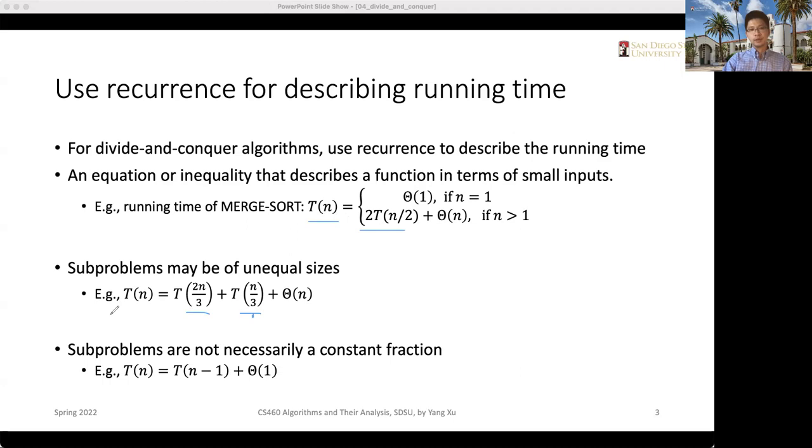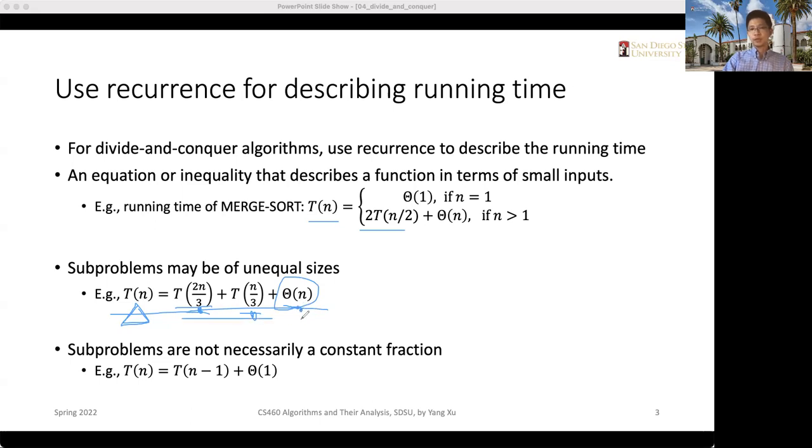For example, in this particular recurrence, the running time for solving the original problem, which has n as inputs, is actually the summation of the same running time on the first 2/3 of the inputs and the last 1/3. Okay, and the cost for dividing and the combining.